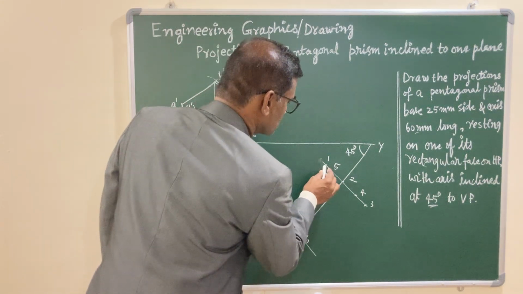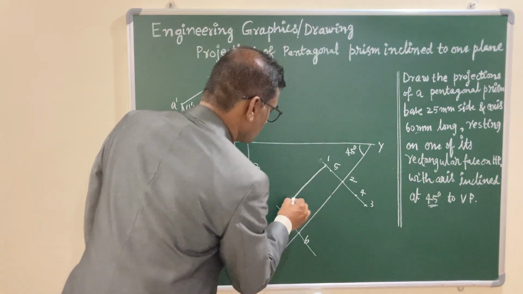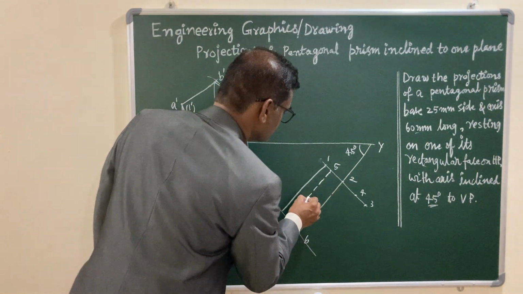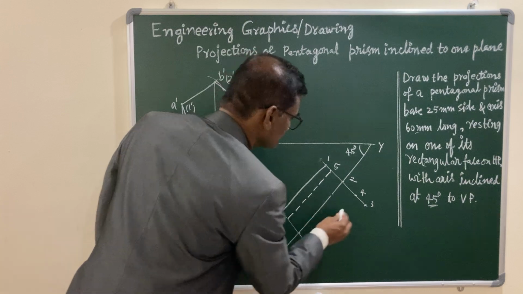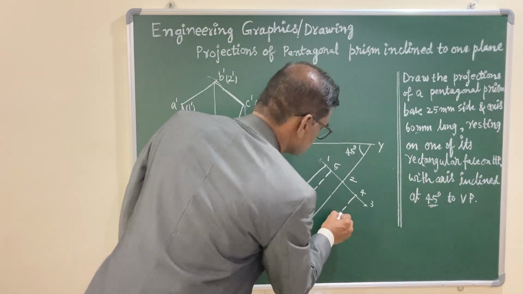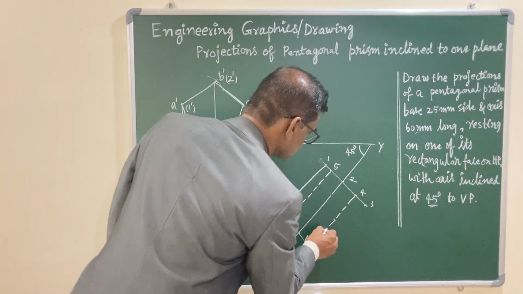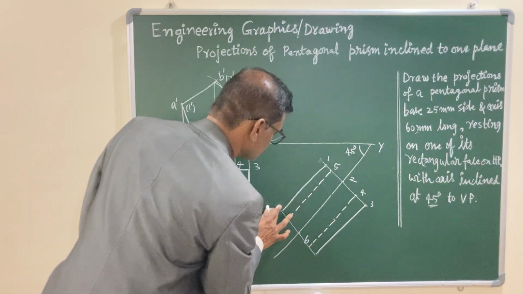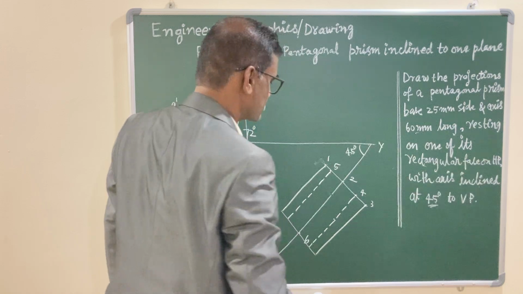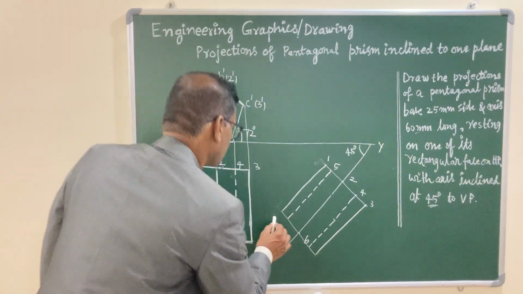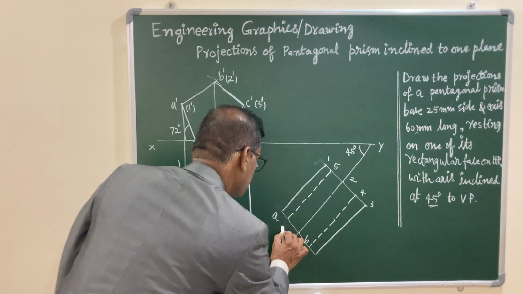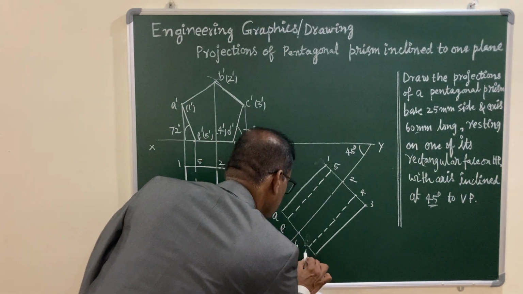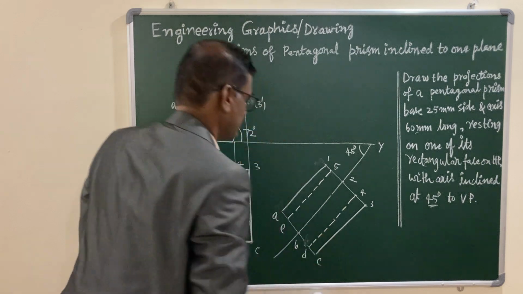After locating these points you can draw the parallel lines, and this one is hidden. So this completes reproducing the required view with the required orientation, with D and let us say this is C.